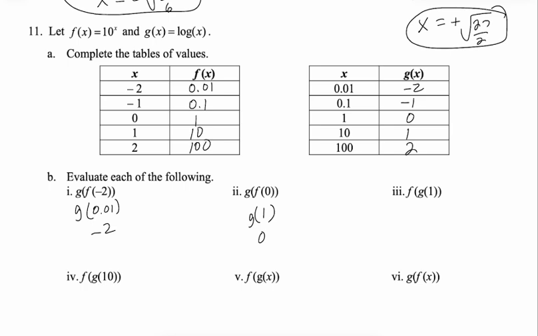So if I get an answer of 1, my power had to be, if I input 1 into a logarithm, my power had to be 0. But if I put a power on a 10 of 0, I get back to 1 again. So what this is saying is this one would be 10, this one would be x, this one would be x.